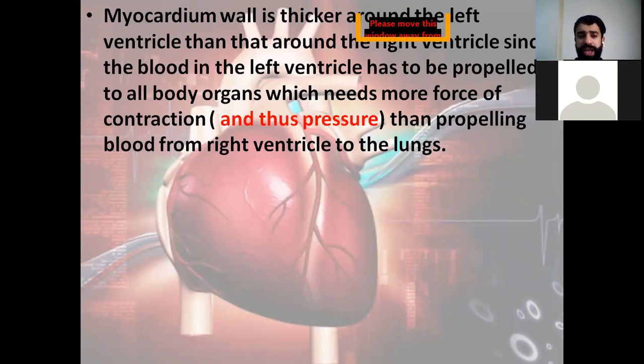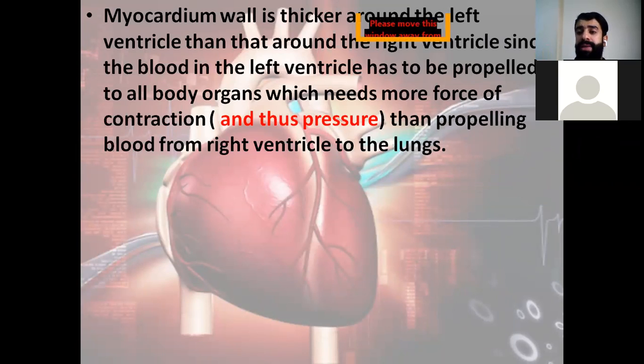Why? It needs more contraction in order to withstand and live under this high pressure and high contraction, so the wall should be thick. If it's thin, the wall will be, for example, ruptured. So the myocardial wall is thicker around the left ventricle than around the right.